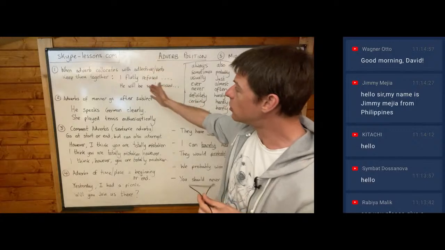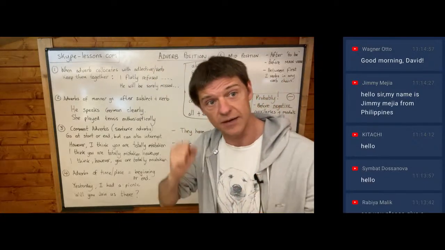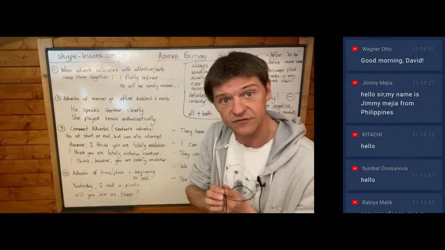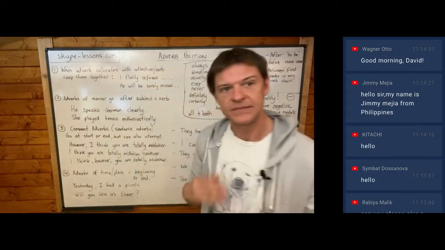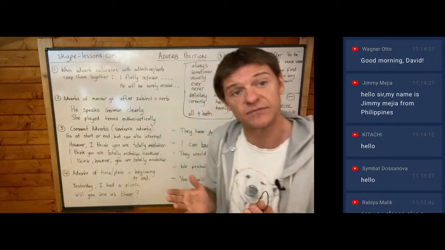So here we've got these adverb collocations, they've got to stay together. You should know what I'm talking about, just watch any of the last few classes if you want to know more. But adverbs of manner, how something is done. Think adverbs that describe how something is done.